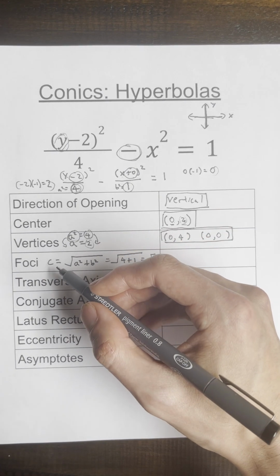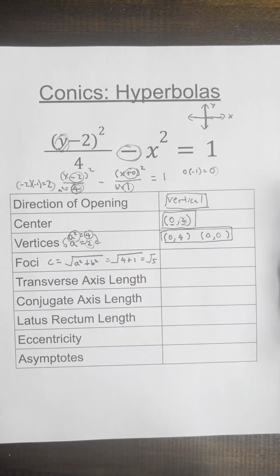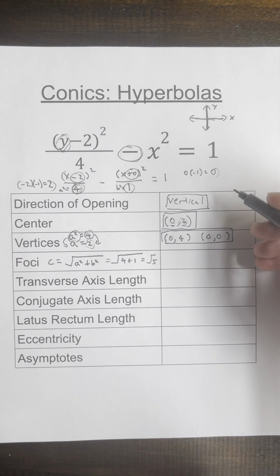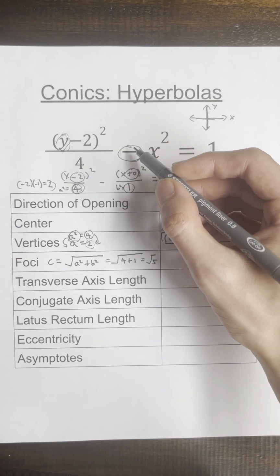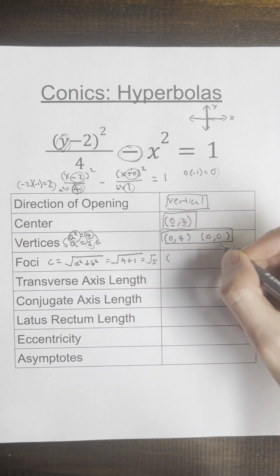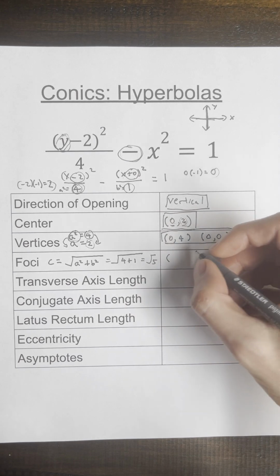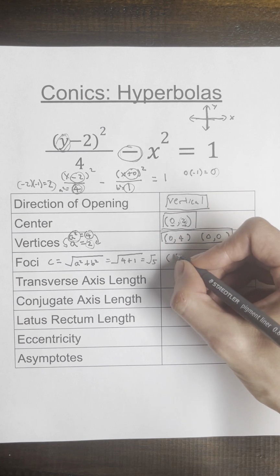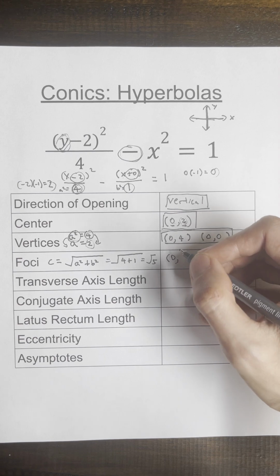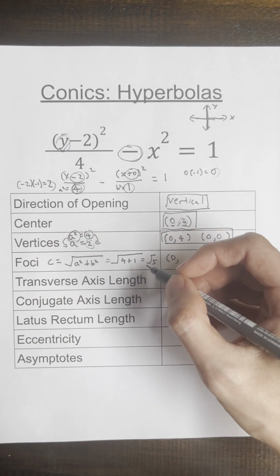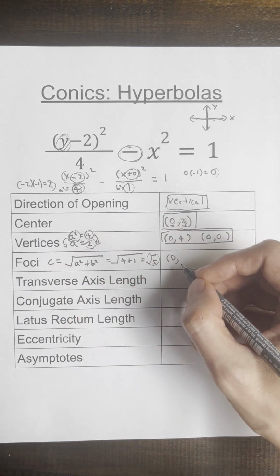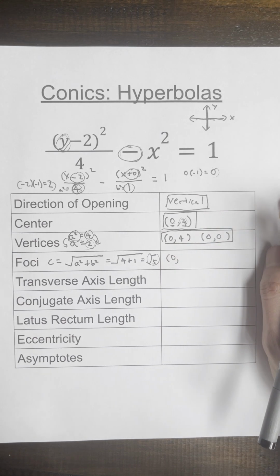Okay, so how do we find the foci again? Since y is in front of the minus sign, we're only going to be changing y. So this is going to stay the same. And it's the same process as the vertices, except instead of using A, we're using C. So how did we find this again?